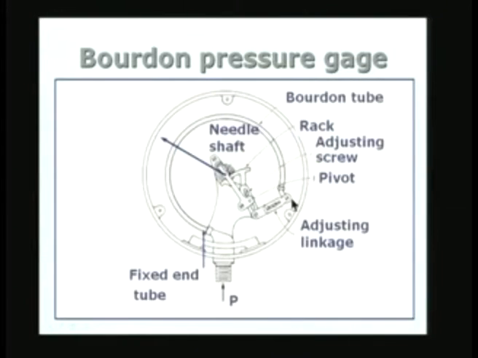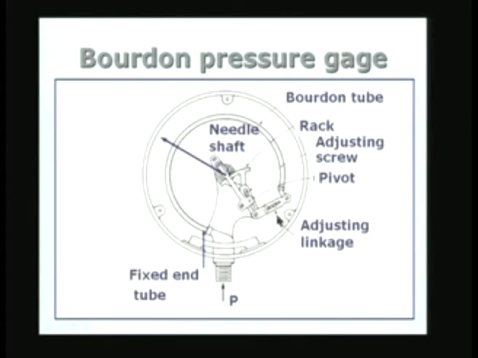So, let us look at the internal construction. The internal construction is very clear from this particular sketch. You have the fixed end of the tube, this end of the tube is fixed, and it is in the form of a C, as I said, and it is connected to an adjusting linkage.